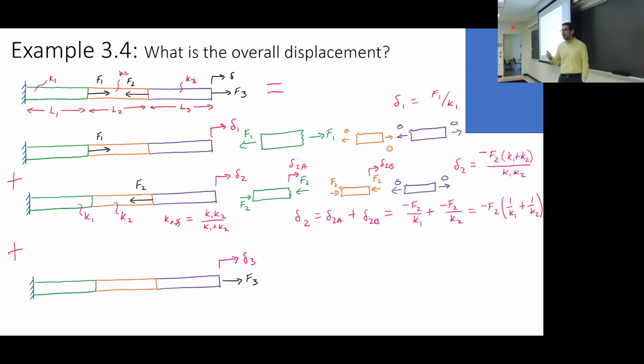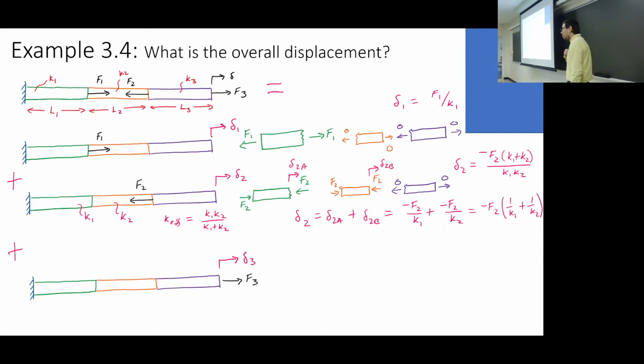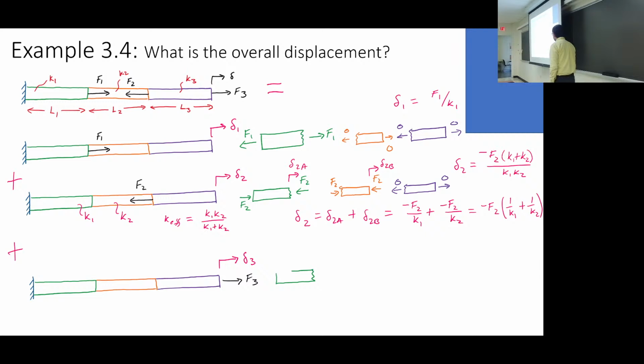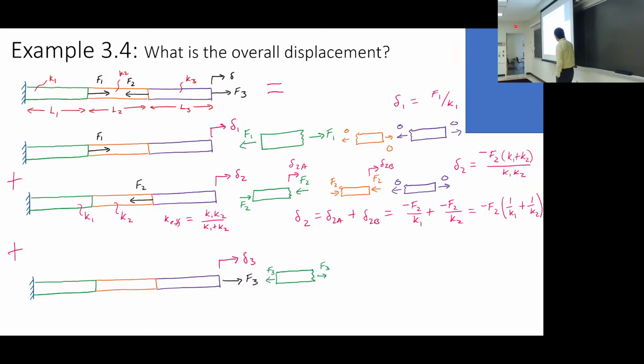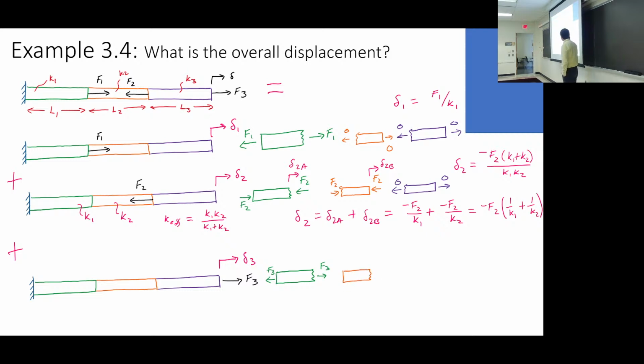They're all in series with each other, and they're all feeling F3. F3 has to be the reaction force on the left side, and then internally, F3, F3, F3, F3 again, they're all F3. And it's in tension, so that means that the delta 3 will be to the right in this case.